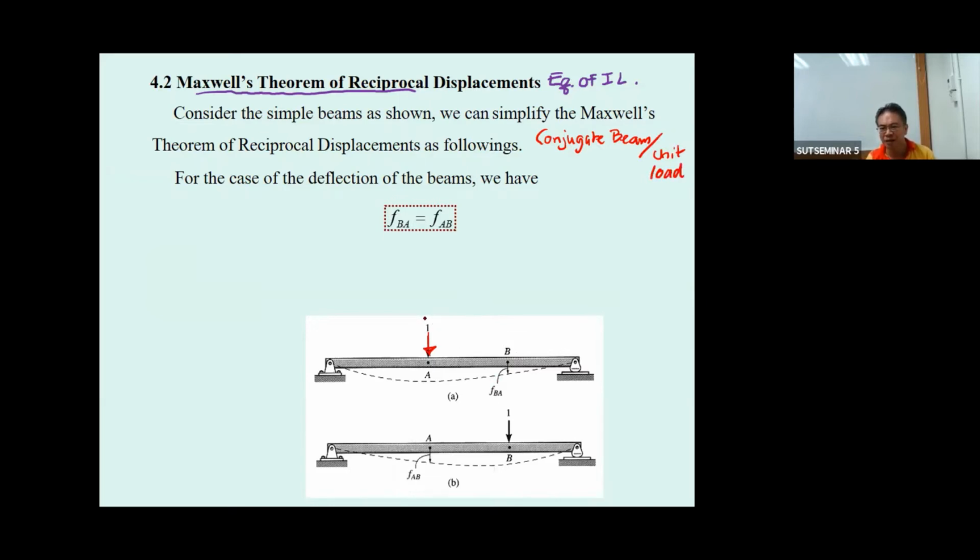Whenever the structure is subjected to 1.0, we use the symbol f as the deflection.